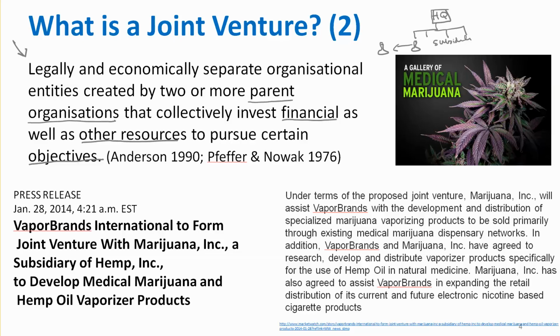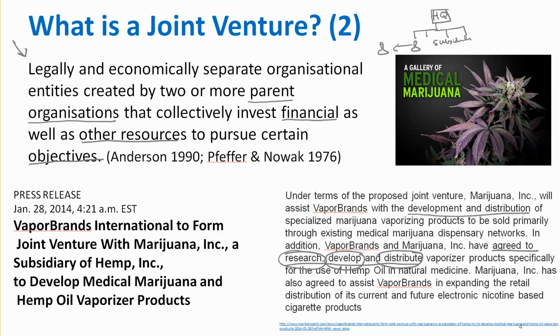And you can see that within this mini case study, the companies talk about development and distribution. They talk about having agreed to research, develop and distribute. So there's issues of R&D, there's product development, but also the business side of things in terms of getting the product physically to market.